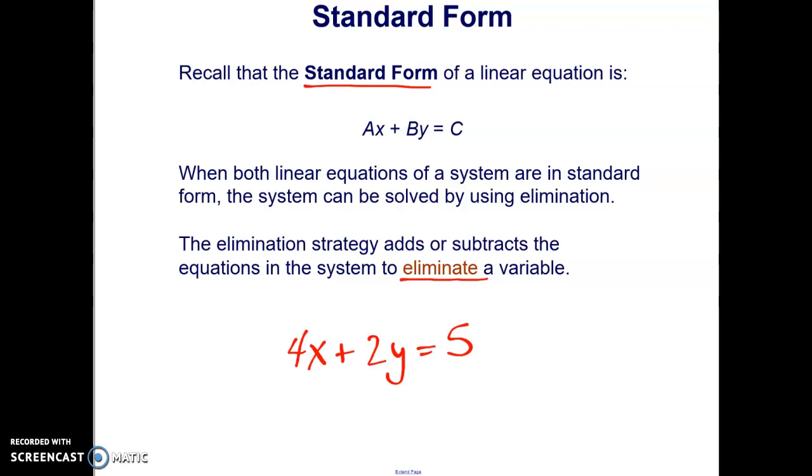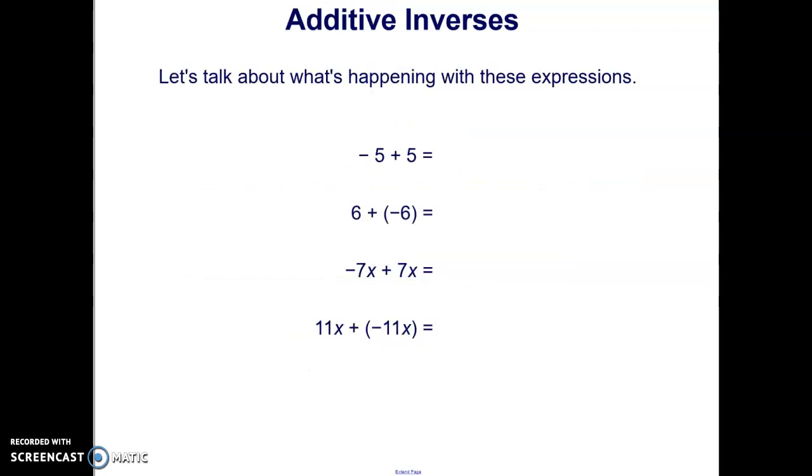variables. Now, the process of elimination makes use of the concept of additive inverses. So if you look at these expressions, you notice it's -5 plus 5, 6 plus -6, -7x plus 7x, 11x plus -11x.